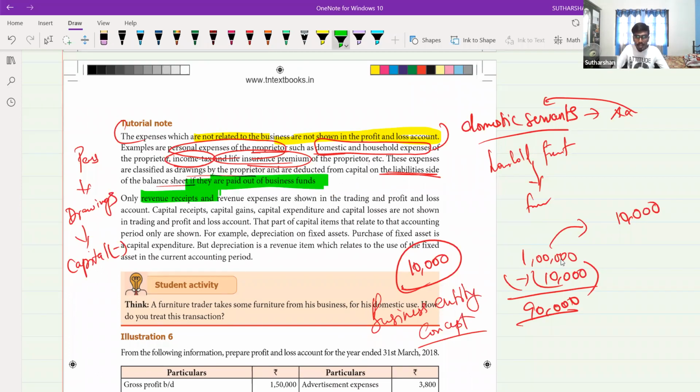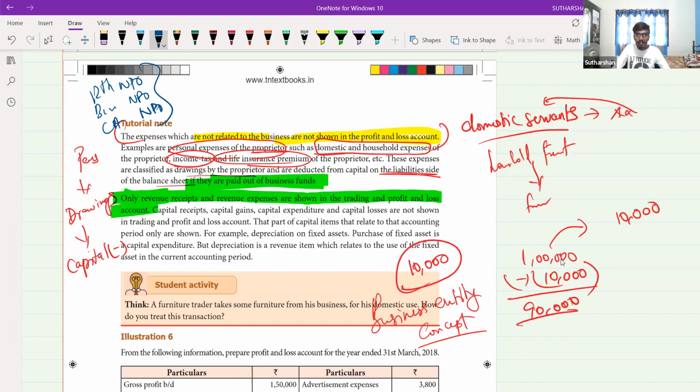Only revenue receipts and revenue expenses are shown in profit and loss account. Make a statement. This will help you in your 12th standard NPO chapter, or in BCom you will learn about not for profit organization, or in CA you will learn about NPO. This paragraph will help you.